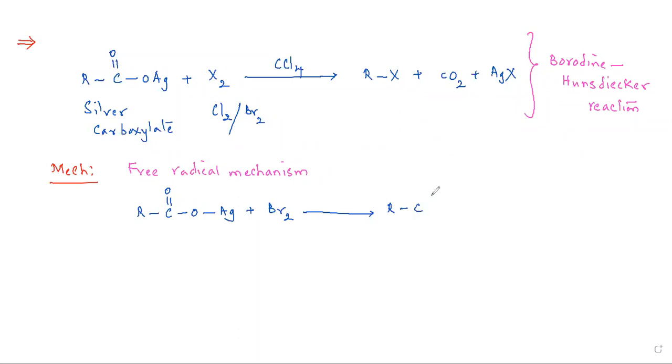Silver carboxylate reacts with bromine to form RCOOBr, bromoderivative of the carboxylic acid, and then silver bromide.